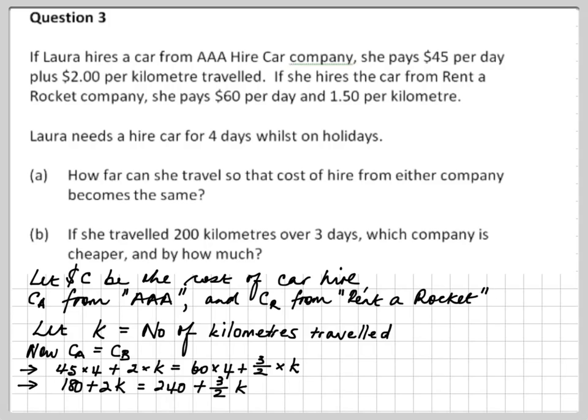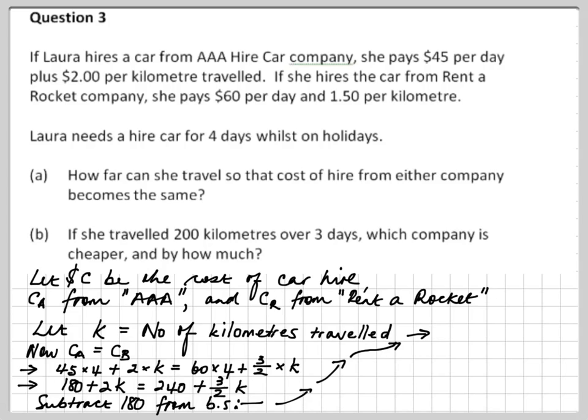So, therefore, what's out of place? What do we need to get rid of? Remembering, we have to play the game of opposites and keep everything balanced. I think we'll get rid of the 180 from the left-hand side, so we'll subtract it from both sides, okay, because it's out of place. It's a number which is on the k side of the equation, right?